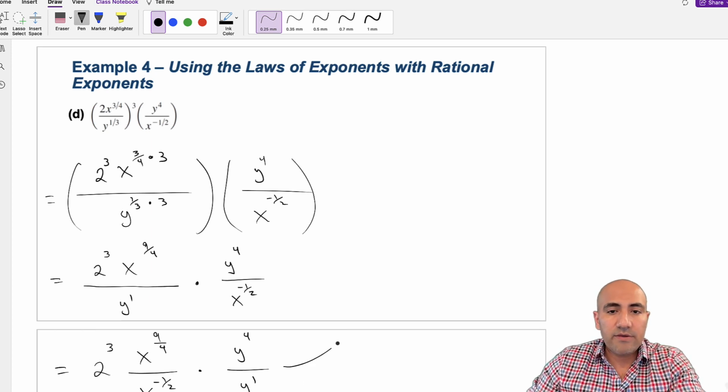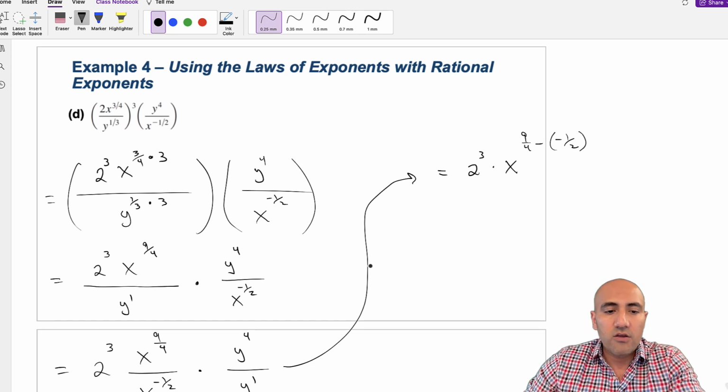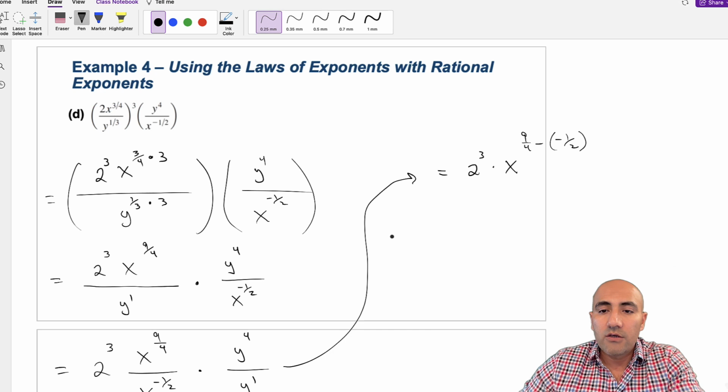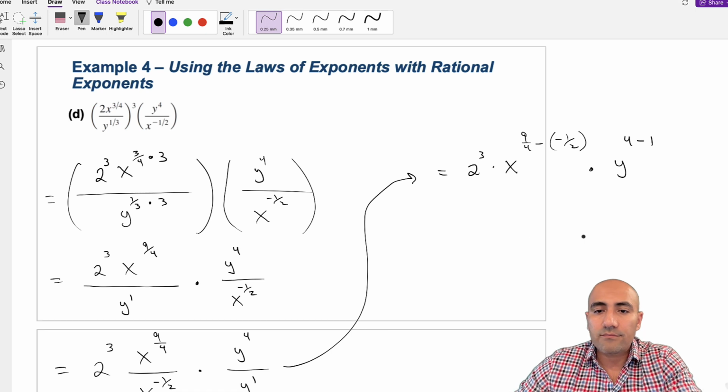So this then becomes, let's put it over here, equals 2 to the 3rd power times x to the 9/4 power minus negative 1/2. Right? That's how we deal with a division like this, a fraction. We take the exponent in the numerator and subtract it from whatever's in the denominator. Times, and then this becomes y to the 4 minus 1.